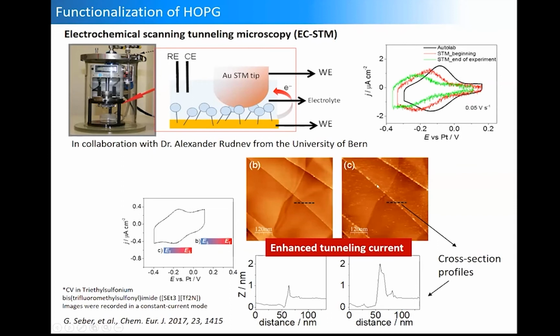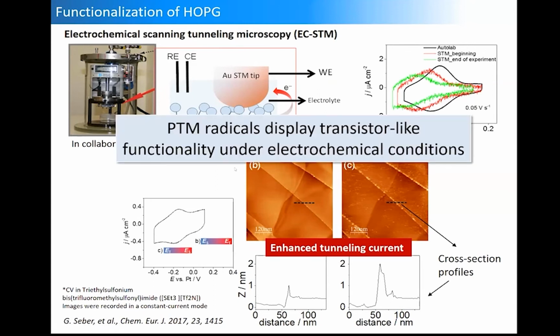It means that we are increasing the tunneling current measured between the STM tip and the substrate. The conclusion is that we could modify the HOPG substrate, and by tuning the redox state of the radical, we could tune the tunneling between the tip and the substrate. One could say that these PTM radicals attached to the carbon substrate display a transistor-like functionality under electrochemical conditions.